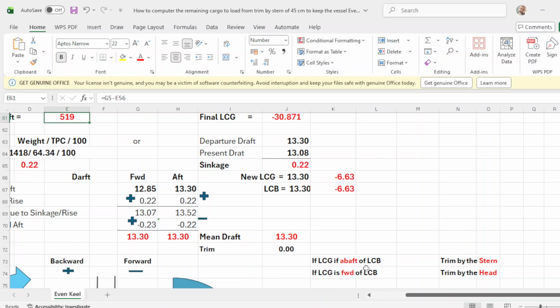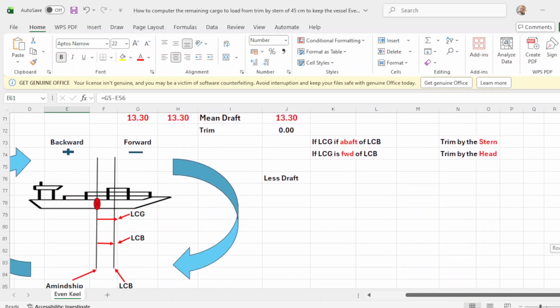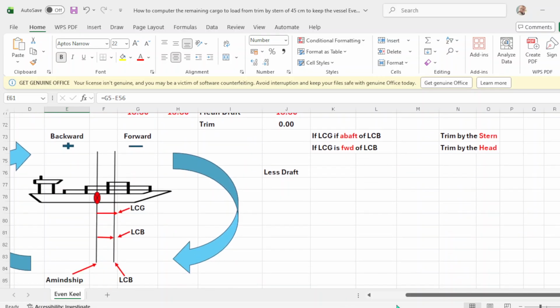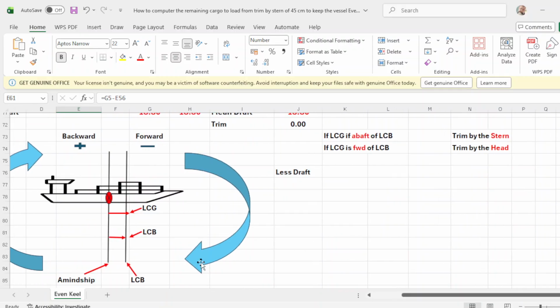But in this situation, the LCG is not behind LCB, and LCG is not forward of LCB, but it is in a vertical line of LCG and LCB. So that is why it is in an even keel situation. So this one does not apply.